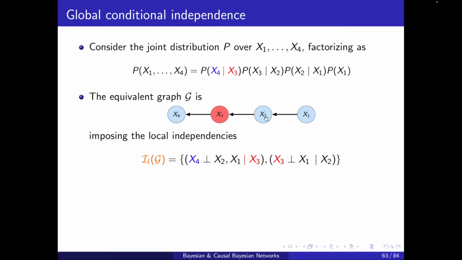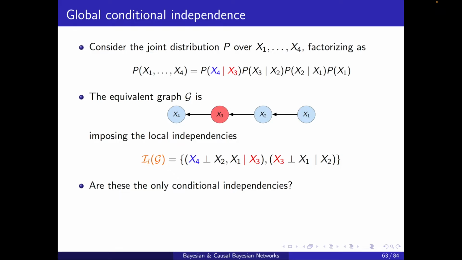X1 and X2 don't have any non-descendants. X3 conditioned on its parent X2 will be independent of its non-descendant X1. And X4 conditioned on its parent X3 will be independent of its non-descendants X1 and X2. So I will have these conditional independencies, but are these the only conditional independencies?